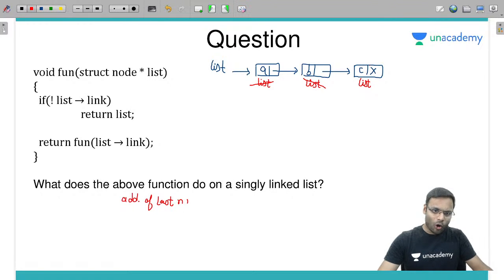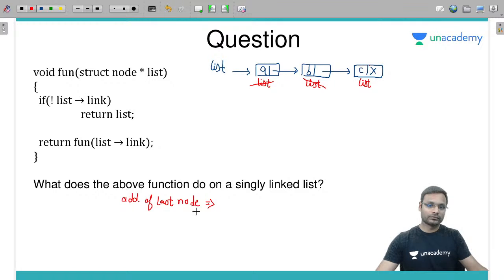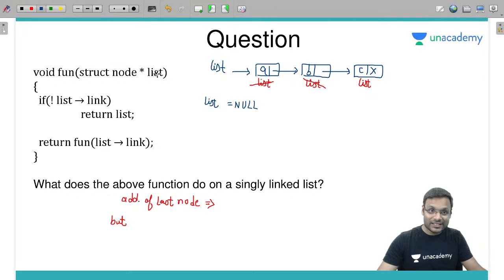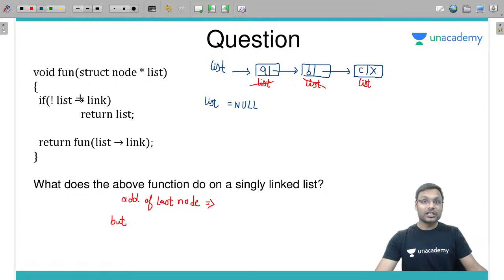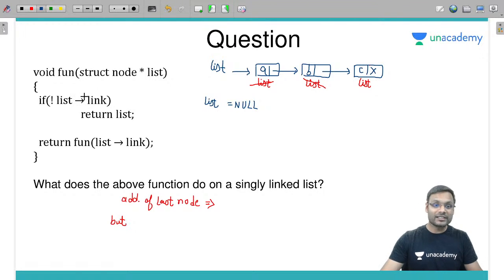But should I write this always? No. If you have an empty list, if you have called this function for an empty list, where list is equal to null, kya ho jayega? Can you tell me? Null ka link you will try to access, which will give you a runtime error, which is null pointer dereferencing.